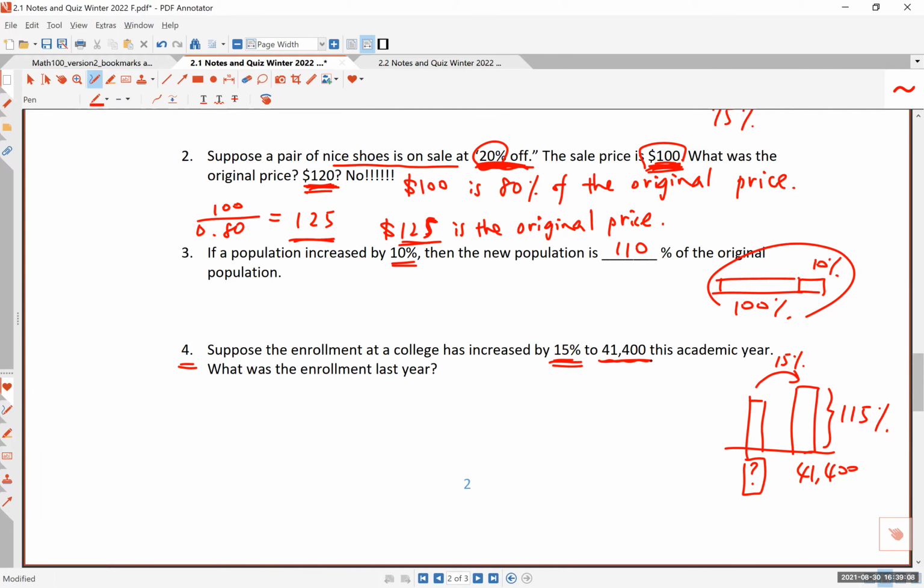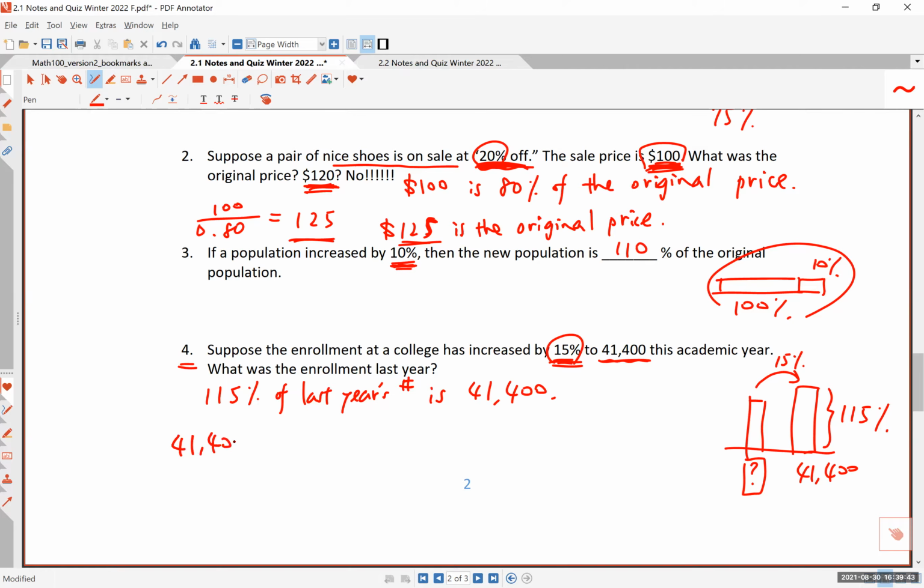What you have to realize here is, just like over here, you added 10% to the original population, so the new population is 110% of the original population. Just like that, in this case, what you are saying is 115% of last year's number is 41,400. So the question is, 115% of what number is 41,400?